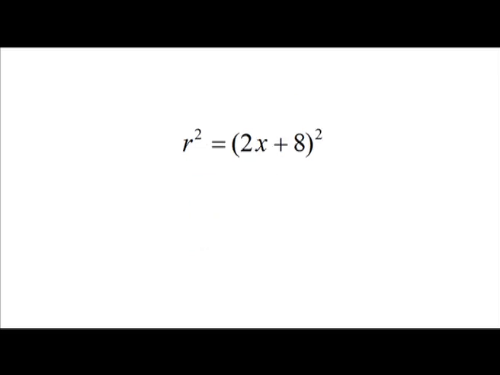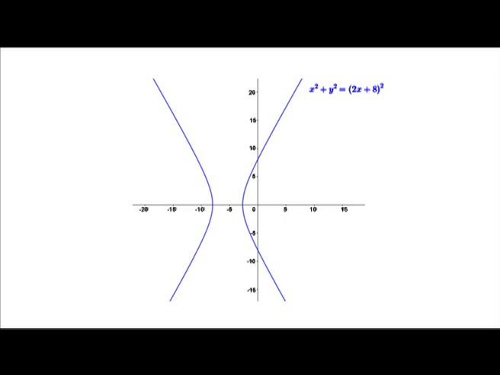Squaring, we obtain r² = (2x + 8)². That is, x² + y² = (2x + 8)². This represents the hyperbola whose graph is shown in the figure.